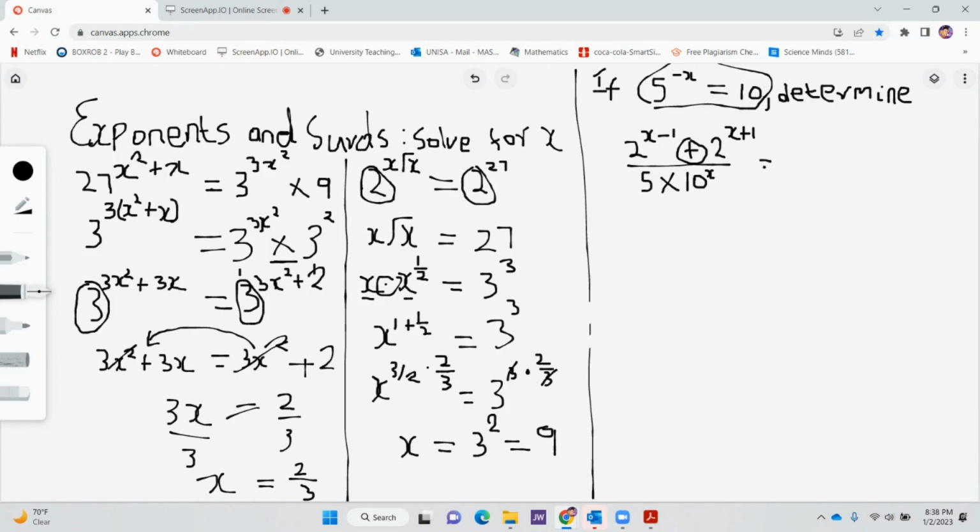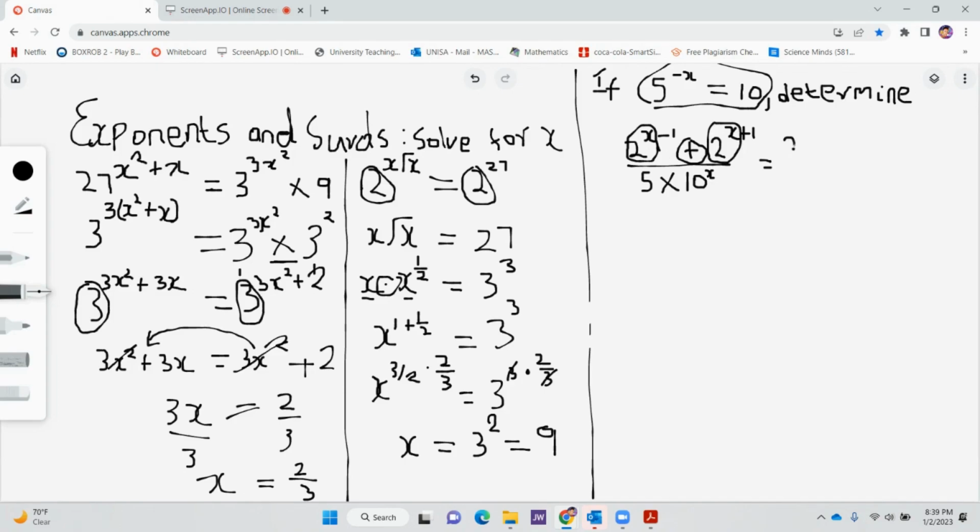Okay, so because it's a plus, not a multiplication, we're not adding the exponents. That law doesn't apply. We're going to take out a common factor. You will see that we have 2 to the power of x in the first term. We also have 2 to the power of x in the second term. So what's common between those two terms is 2 to the power of x.